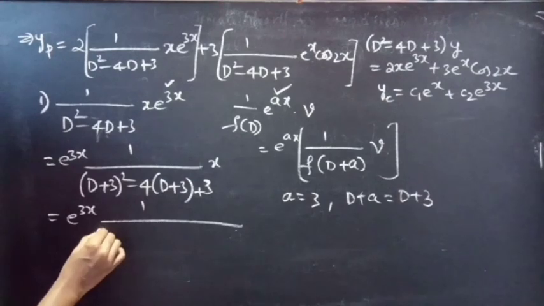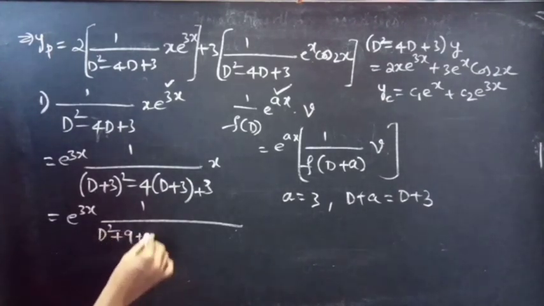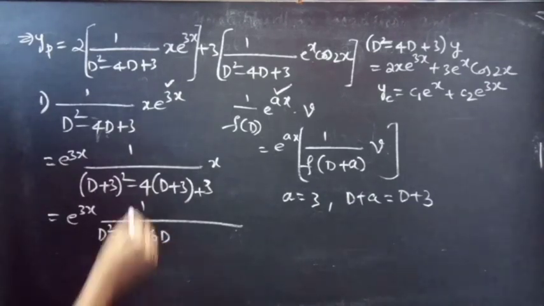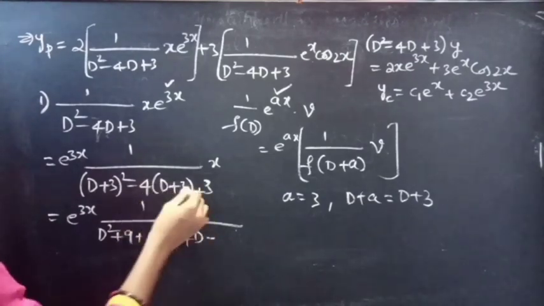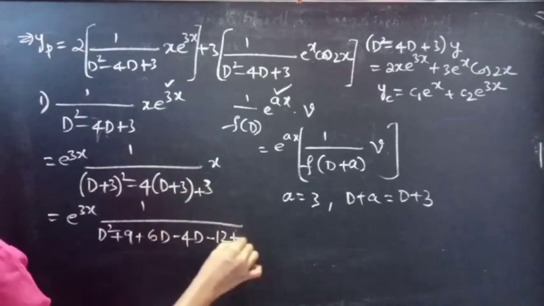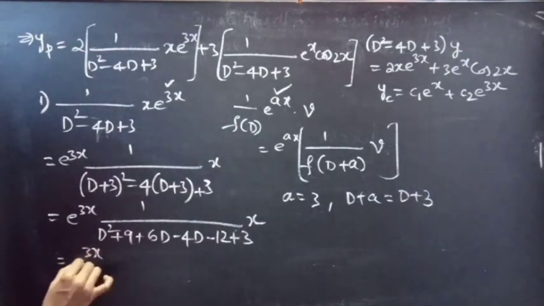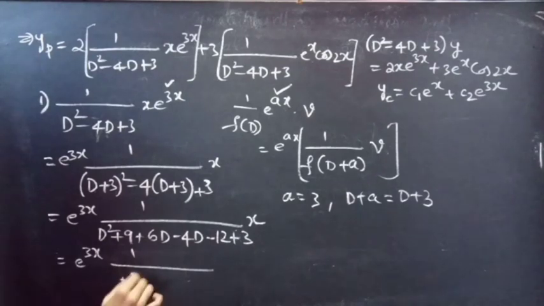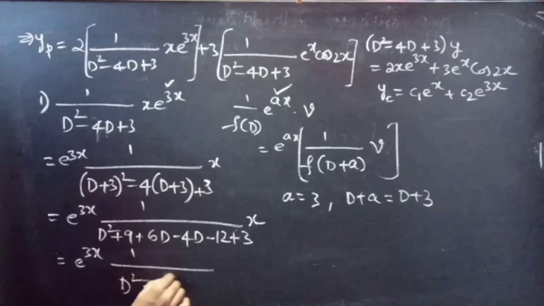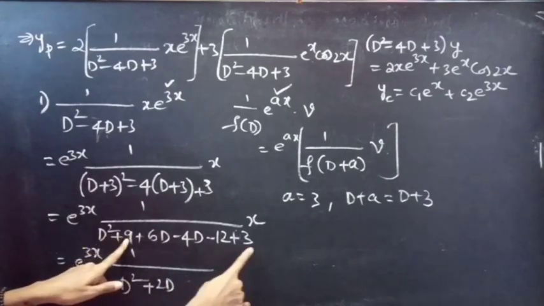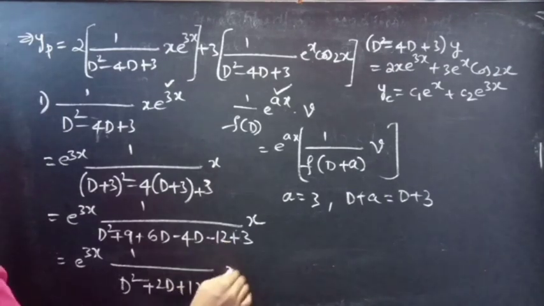We'll get D square plus 3 square, 9, plus 2 threes are 6, into D, 6D, minus 4D, minus into plus minus, 4 threes are 12, plus 3 into x, which is equal to e power 3x into 1 by D square plus 6D minus 4D, that is plus 2D, right? 9 plus 3 is 12, minus 12 into x.